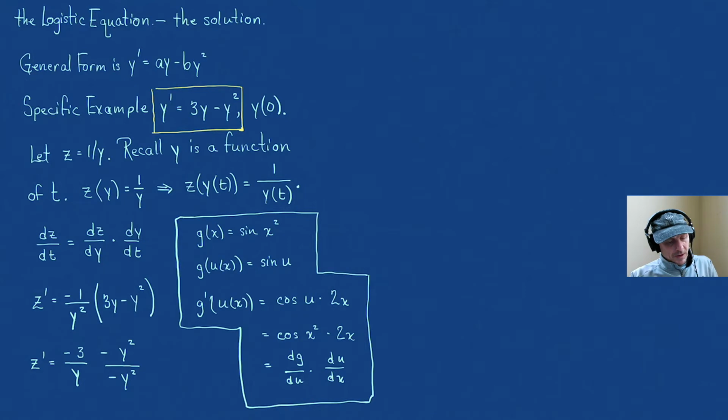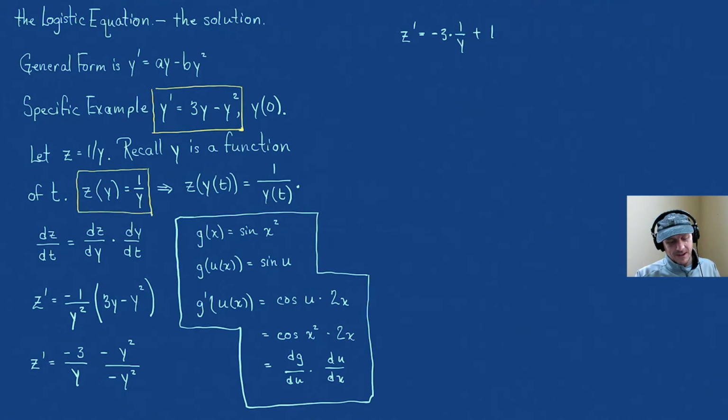We simplify this, so z prime equals minus 3 times 1 over y, plus 1. There we go. But wait a minute. Recall, let's look back at what we were up to. 1 over y, that's z.